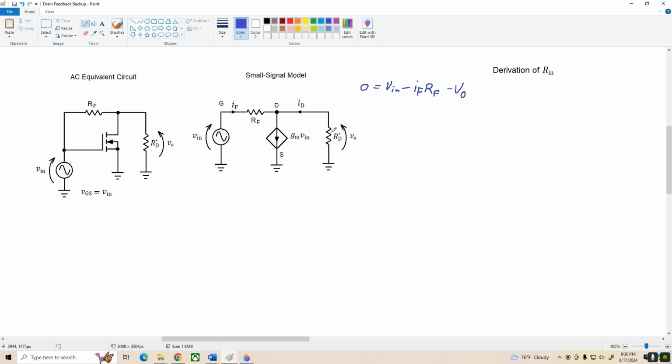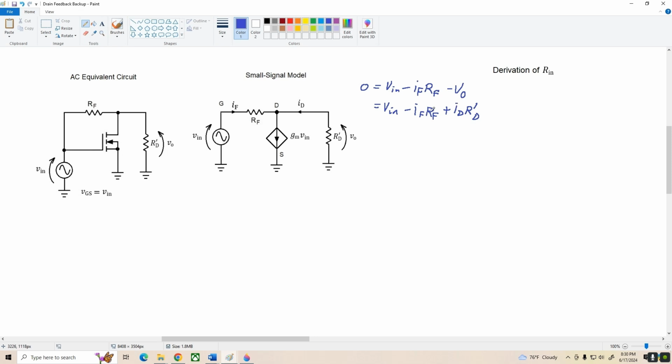And since we know V out equals negative ID times R prime D, that would be V in minus IF times RF minus negative ID times R prime D. So we're going to make that plus I sub D times R prime D. All right, now we have one equation with two unknowns. I sub F is unknown and I sub D is unknown. So we have to fix that problem.